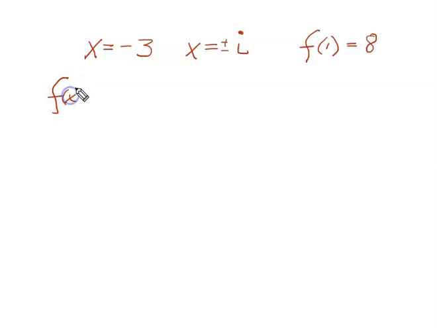Now remember, this is like a y here, and that's going to equal 3 sets of factors, where x was the answer, and in this case, -3 would become a +3.